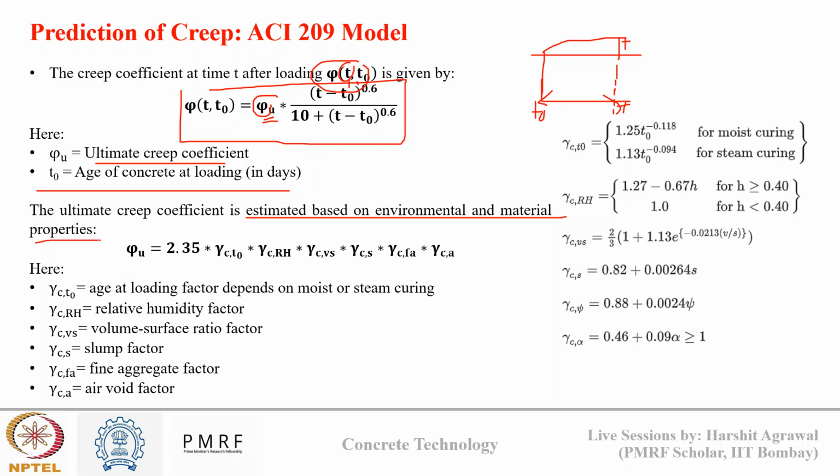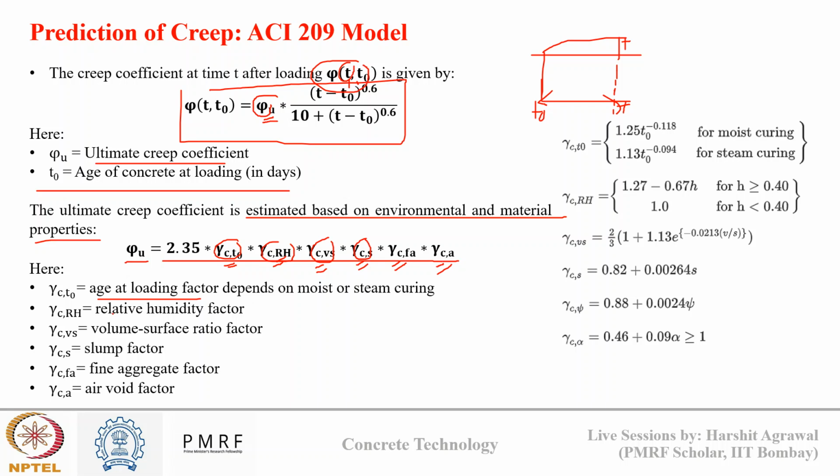So phi u is given by this formula, and these are the factors which are defined by different environmental and material properties. The first factor is determined based on the age of loading. The second factor is based on relative humidity. The third factor is based on volume to surface area ratio. The fourth factor is based on the slump of concrete. The fifth factor is based on the fine aggregate content, and the sixth factor is based on the air voids inside concrete.